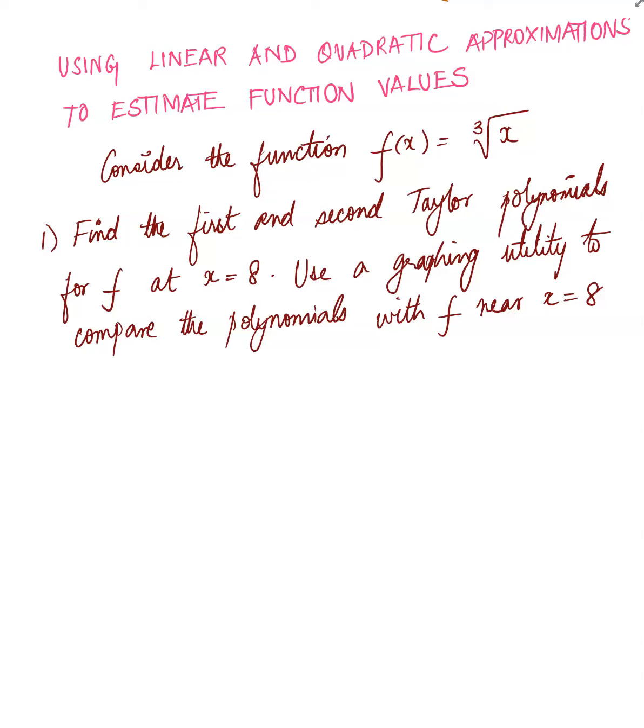Let's start here. f of x is given to be the cube root of x at x equals 8. That's our focus. So let's rewrite f of x as x to the power 1 over 3 because we're going to take the derivatives. It's easier for us to keep to this.